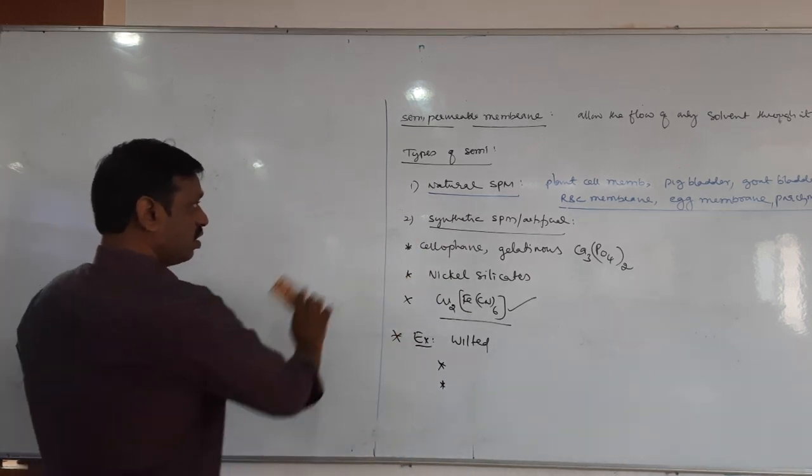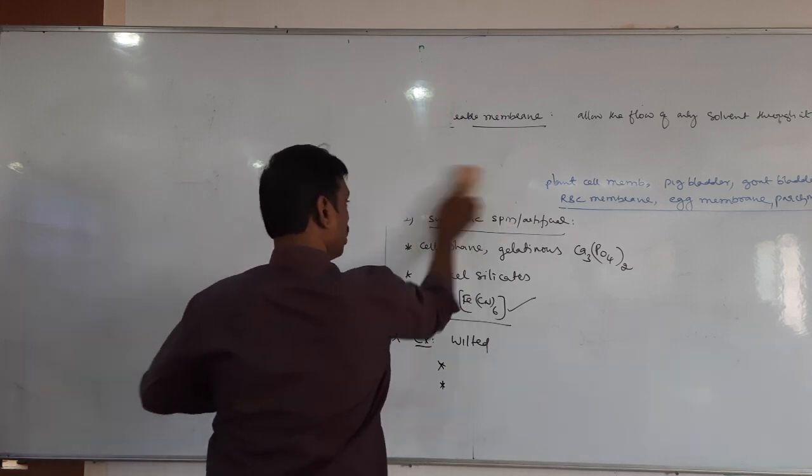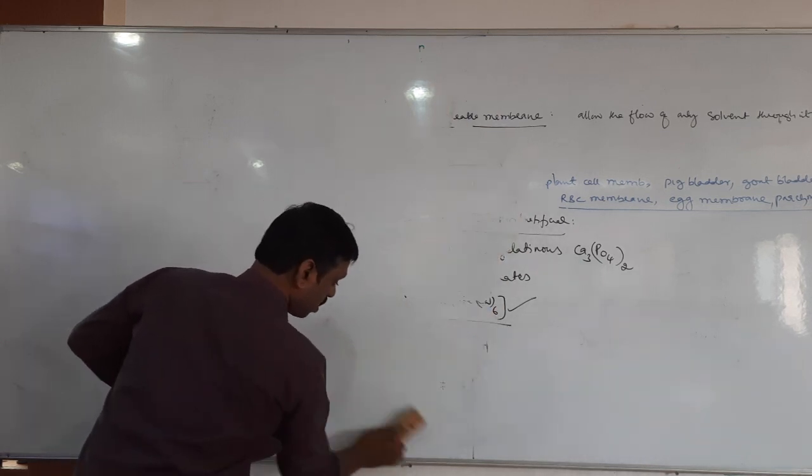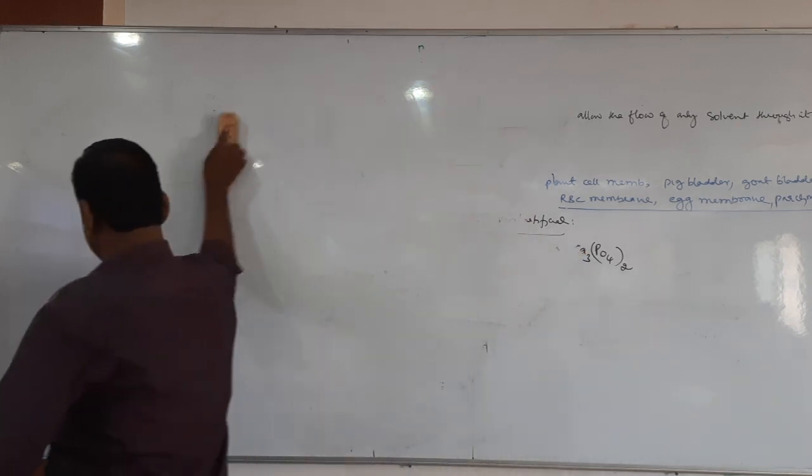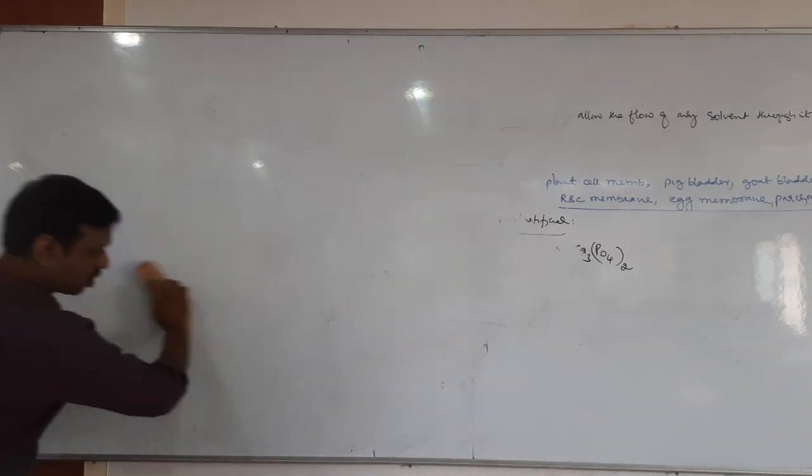So these are some examples for natural and artificial semi-permeable membranes. Next, let us see one small demonstration. Demonstration for osmosis.